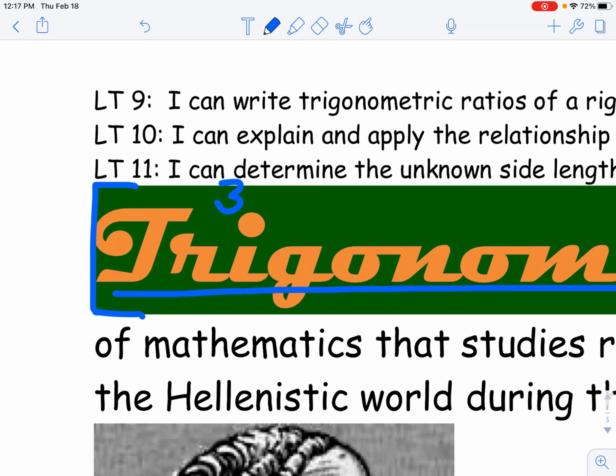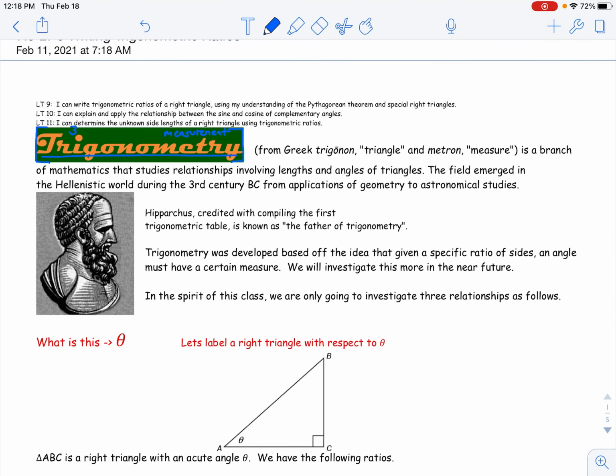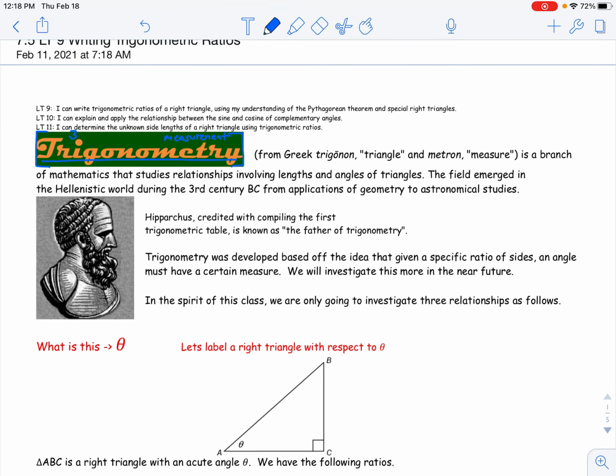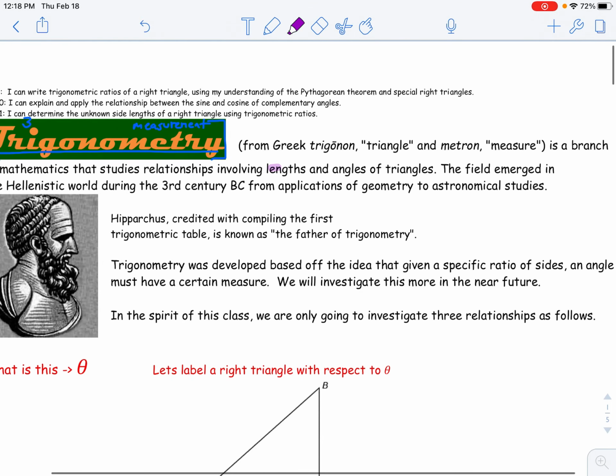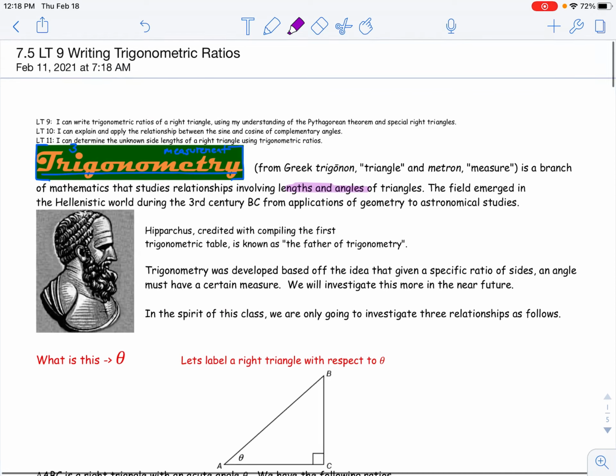Tri means 3, metry means measurement. Just like how geometry means earth measurement, trigonometry basically means 3 or triangle measurement. It's a branch of math that studies the relationships involving lengths and angles of triangles. All right, that's a huge punchline, obviously, lengths and angles of triangles.